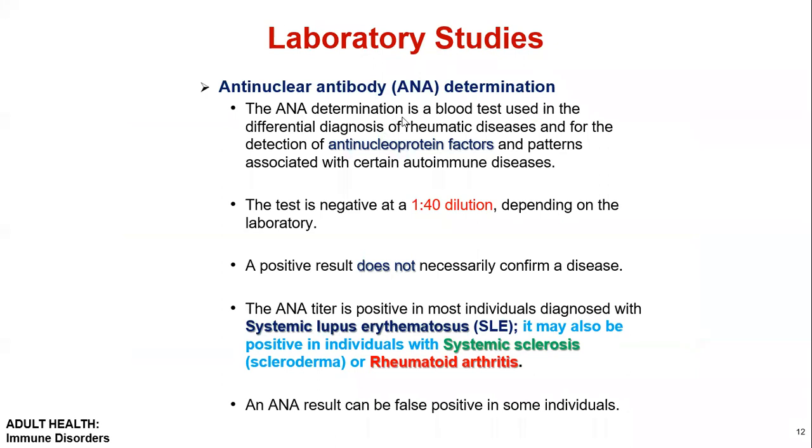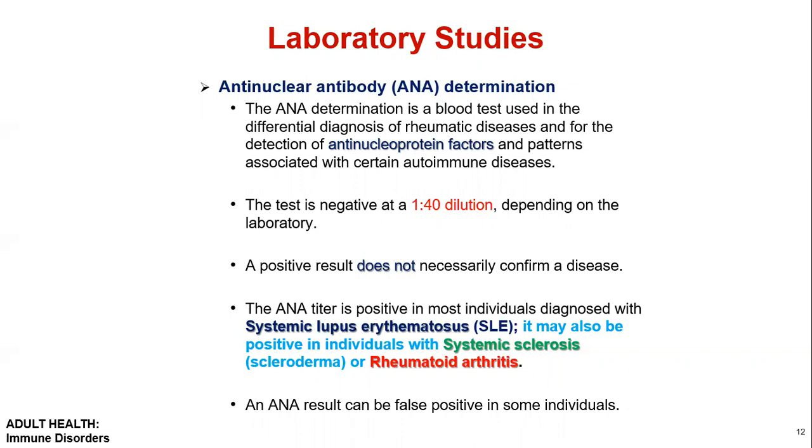ANA determination is a blood test used in the differential diagnosis of rheumatoid disease and for detection of antinucleoprotein factors and patterns associated with certain autoimmune disease, right? So ANA test determined or differentiate between rheumatic disease or autoimmune disease.